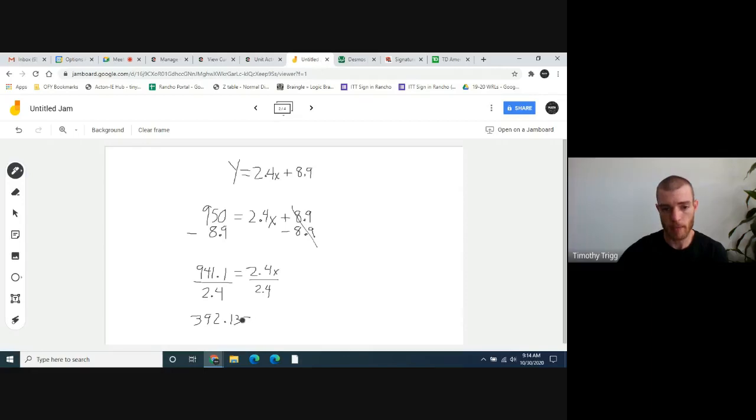Now this is in minutes, so we want to know how many hours that is. I know that there are 60 minutes in each hour, so I'm going to divide that by 60 to figure out how many hours that is. So that's about 6.54 hours. After I divide this by 60, look at this. It looks like they will be able to complete this climb in less than 7 hours.